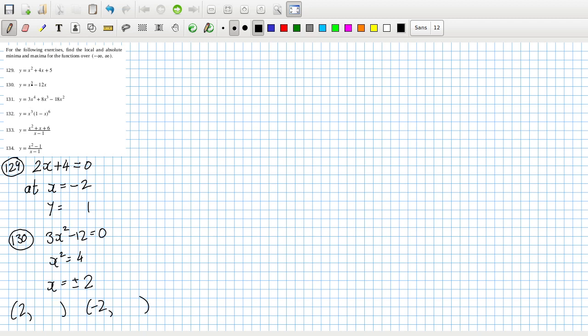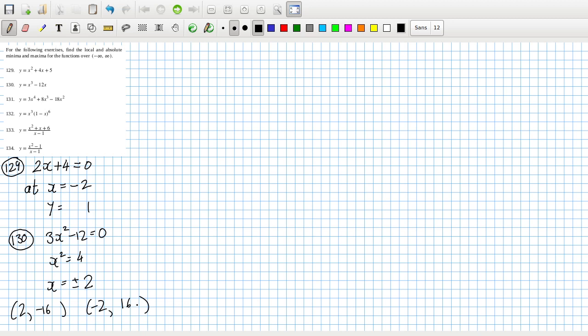Okay. 8 minus 24 is minus 16. And then minus 8 plus 24, which is 16. Interesting.